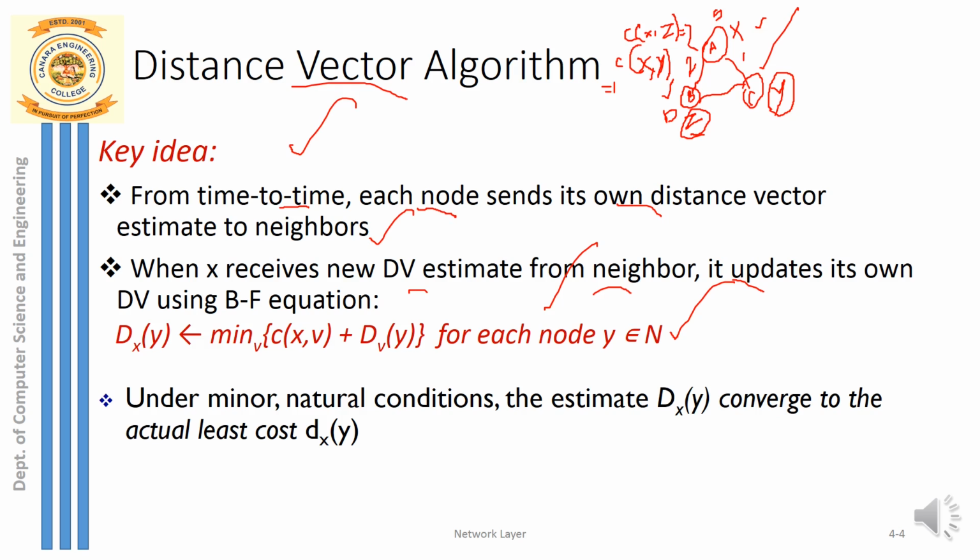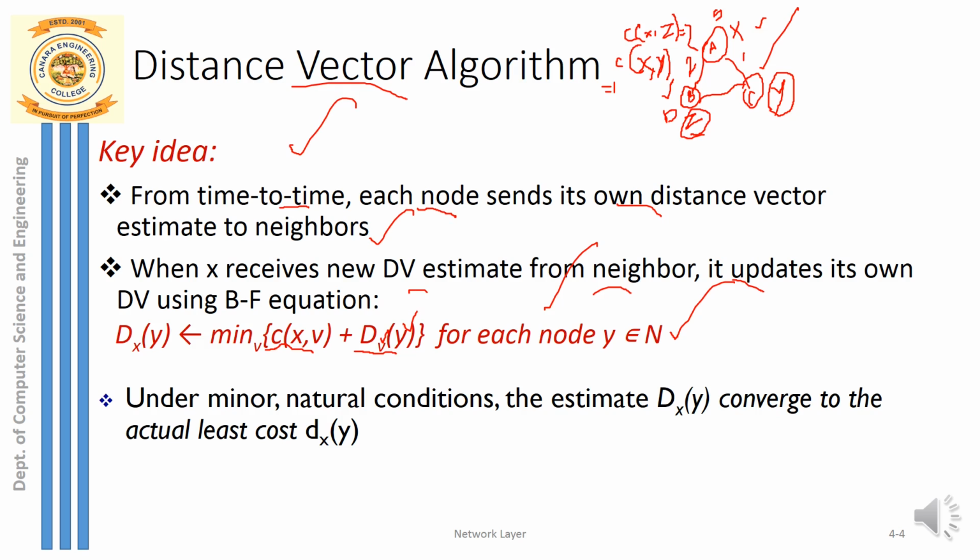The first part is the cost to reach from source node X to one of the neighbors, plus the distance vector that is shared from the neighboring node V to the destination node Y. When you add those two values, you get the answer, and that distance you are supposed to compare with the already calculated distance vector from the source node X to Y.